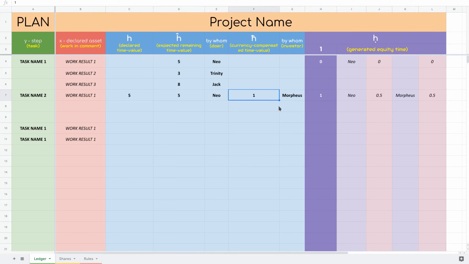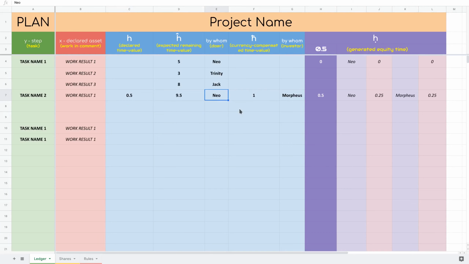The idea is that the shares generated represent the expenses compensated. So expenses compensated out of 5 is just 1. Let's say expenses were much smaller, 0.5. In this case, Morpheus can only compensate 0.5 of the time declared by Neo.